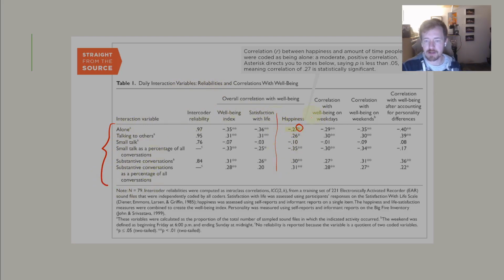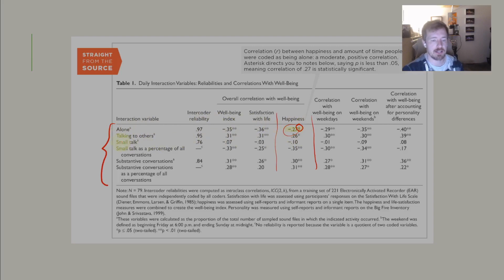That's what we're looking at right here. And what we're saying is that being alone has a negative correlation with happiness. The more people are alone, the less happy they are, and that is a significant finding because we have found it to be less than 5% likely to be up to chance and just random variability, that this had a big sample size or whatever.